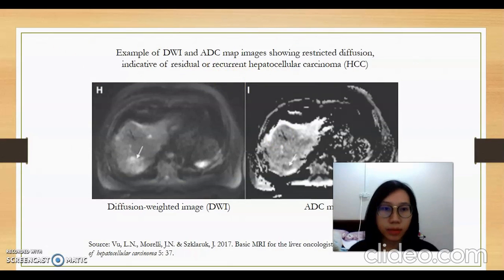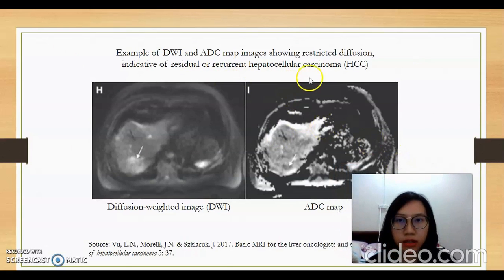So this is an example image of DWI and ADC. This shows a restricted diffusion area here, which we can see is bright, but in the ADC map it is dark. So it's actually opposite.